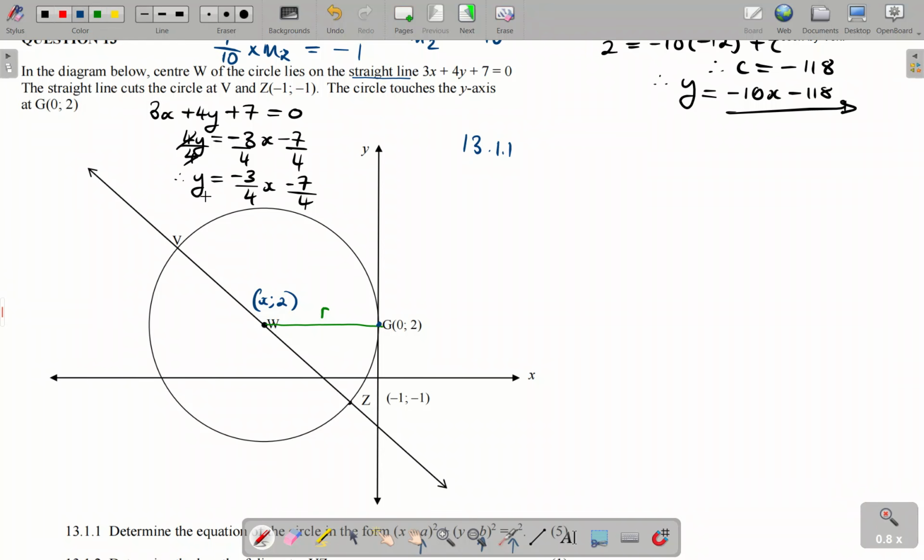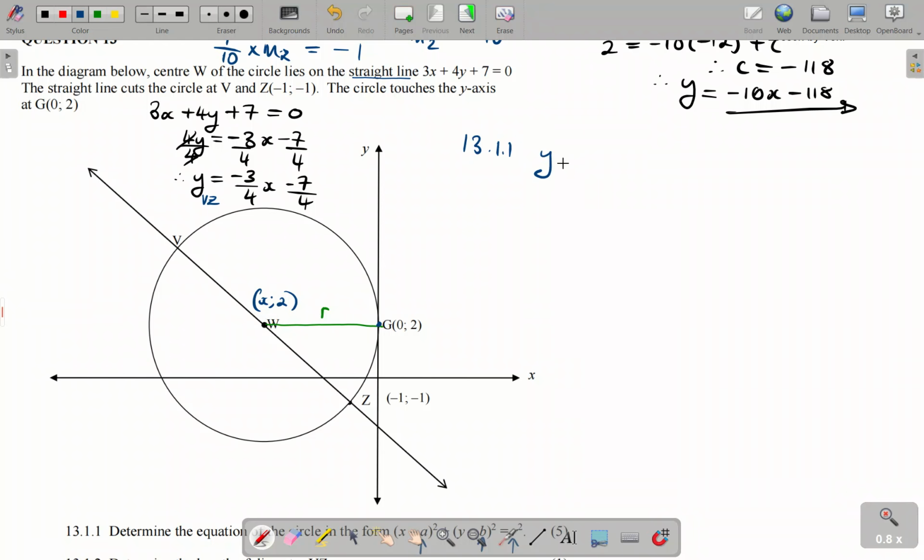Now this is the equation of this straight line, so it's going to be vz. So vz is given in that format. We know the value of y there. But remember that w lies in line vz, so we're just going to use this straight line to find the x value at w.